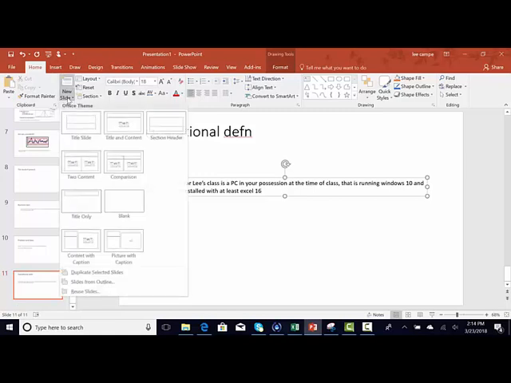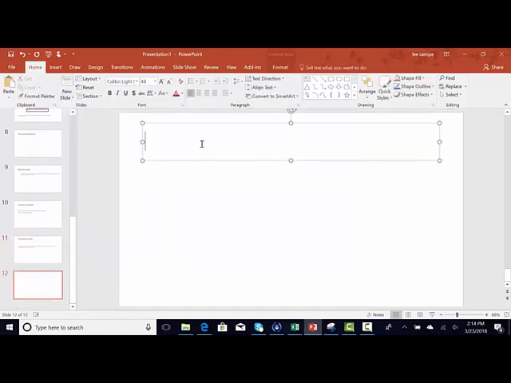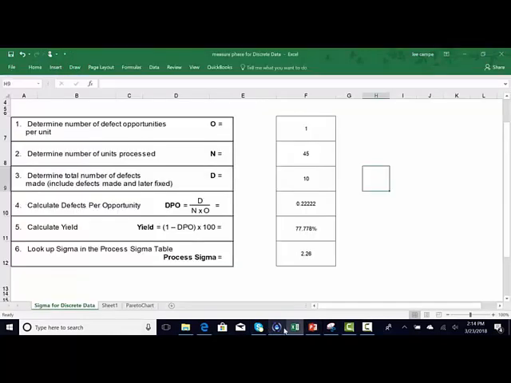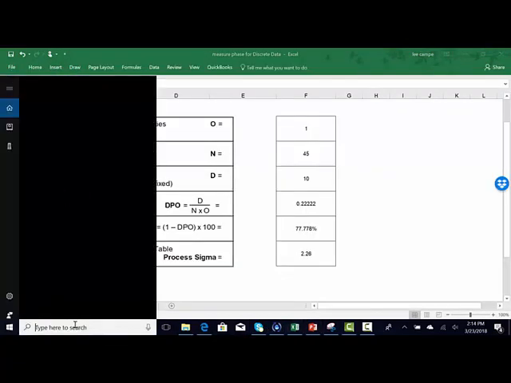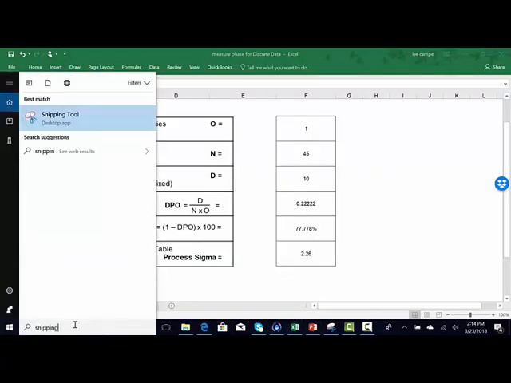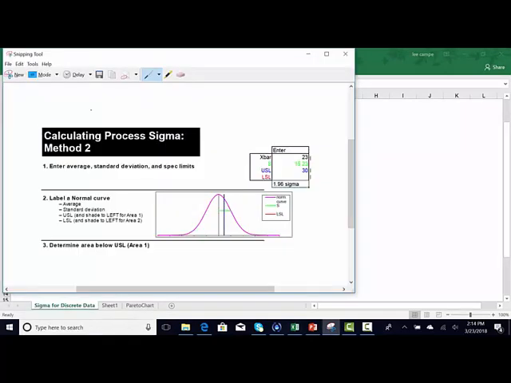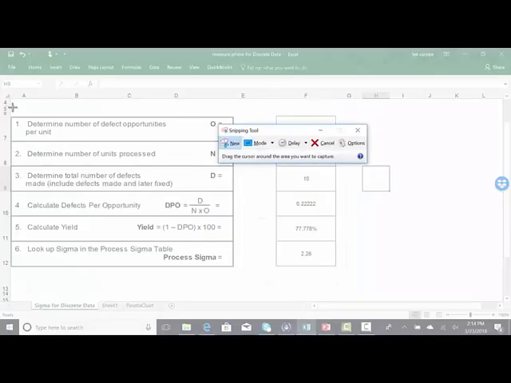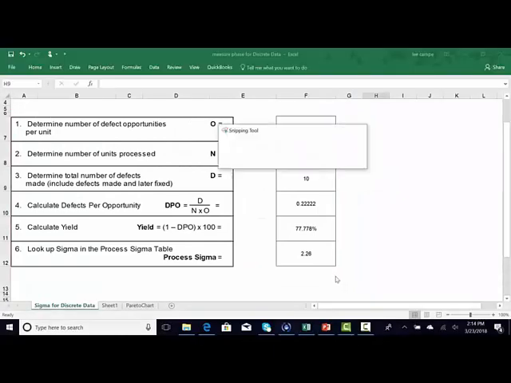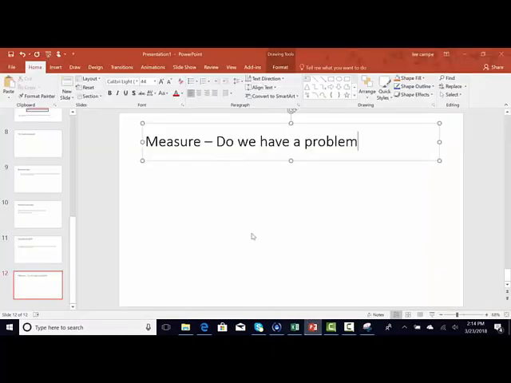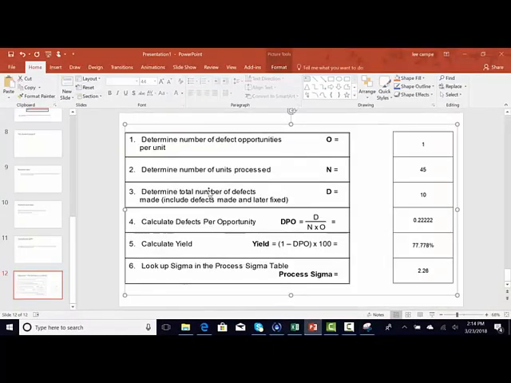All right, let's go ahead and do our measure phase. Basically, again, the takeaway is, do we have a problem? All right, so I'll go here, get my snipping tool real quick. New, grab that, paste it.